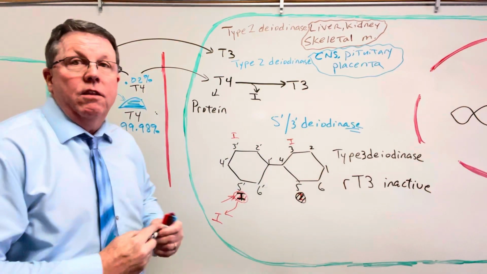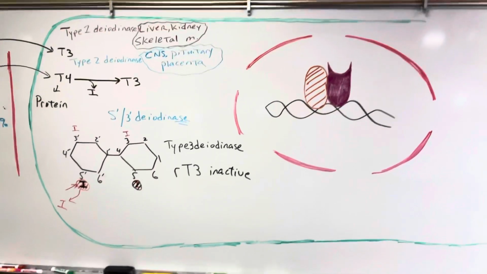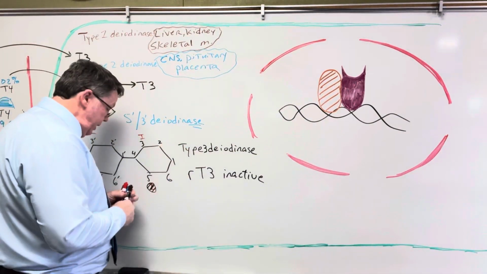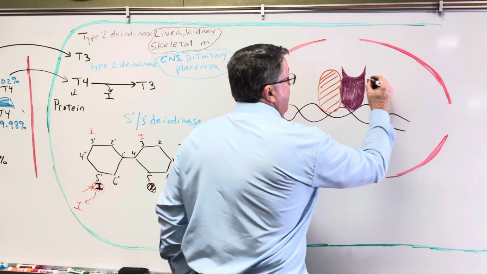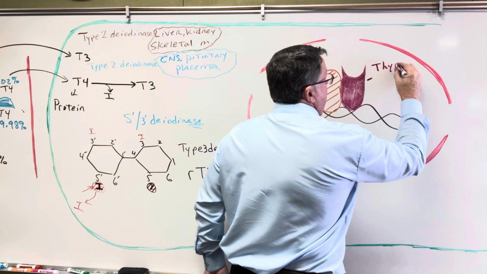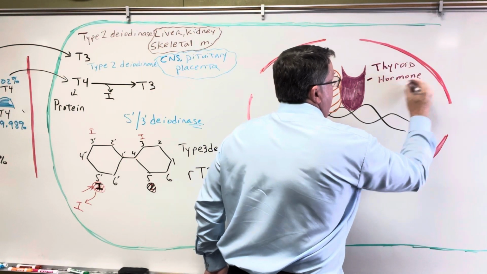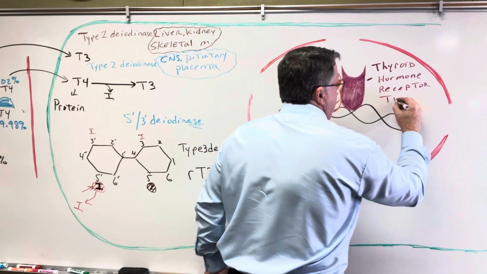So now let's take a look at what's going to happen inside my cell. So if I go over here like this, and what's going to happen now is inside the cell, if you notice, we have this right here. This is going to be called thyroid hormone receptor. Okay, or we just call it TR.